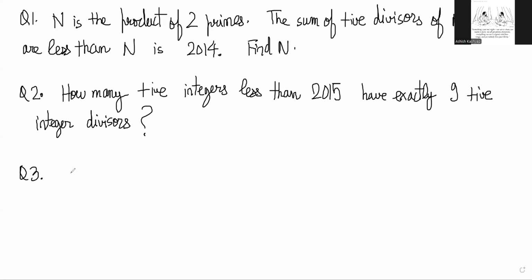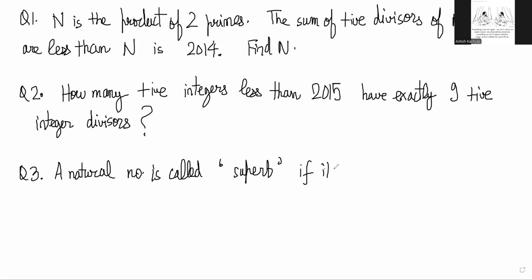And question 3 is: a natural number is called superb if it is a multiple of the number of its divisors.